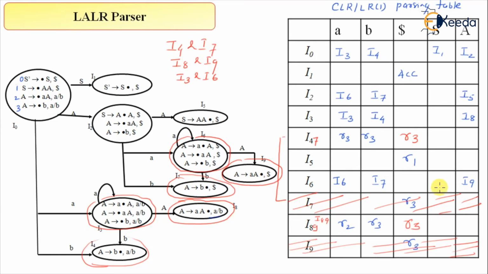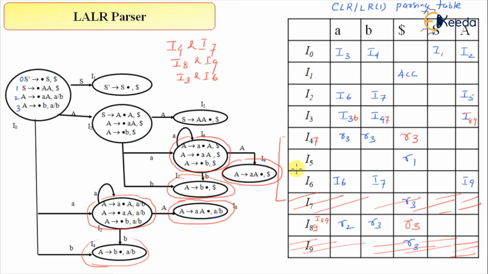I take 3 and 6 and merge them together, collapsing the rows, and it becomes I36. I4 and I7 become I47, and I8 and I9 become I89.